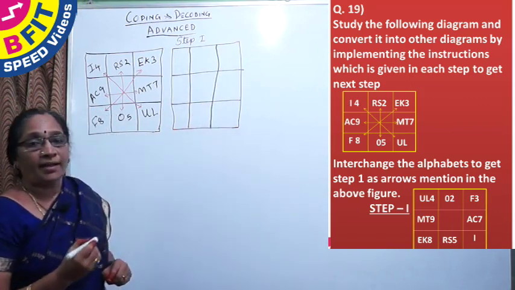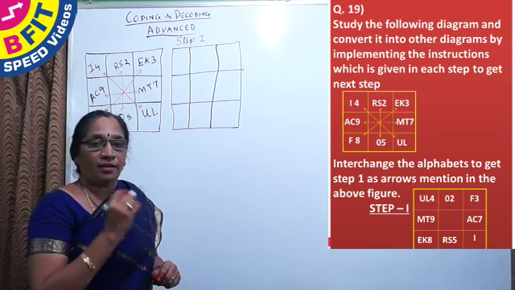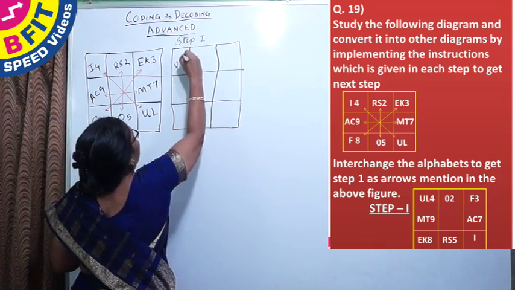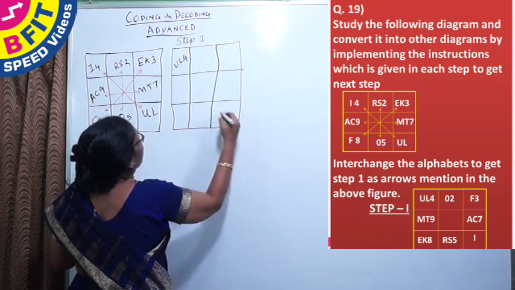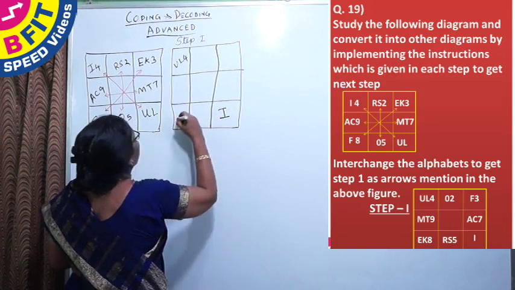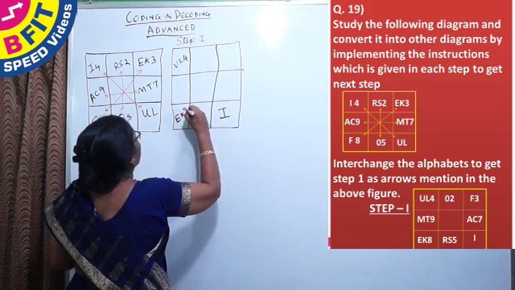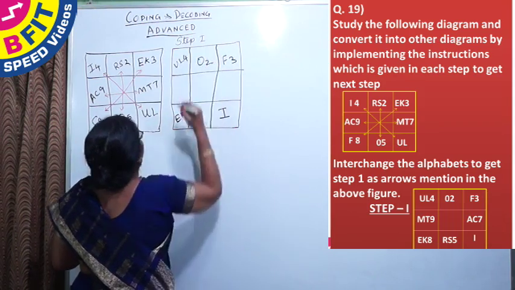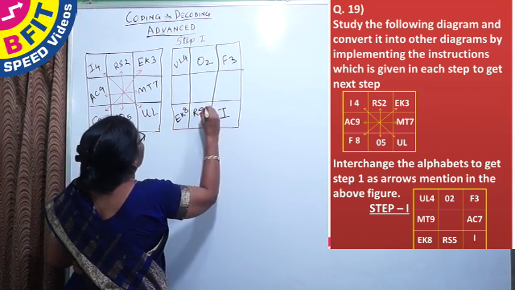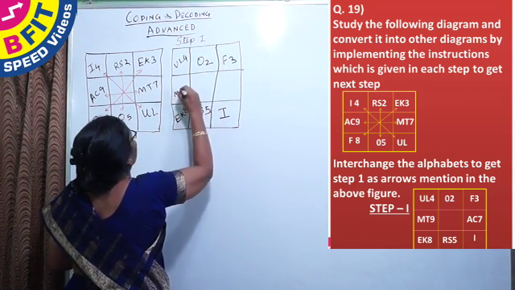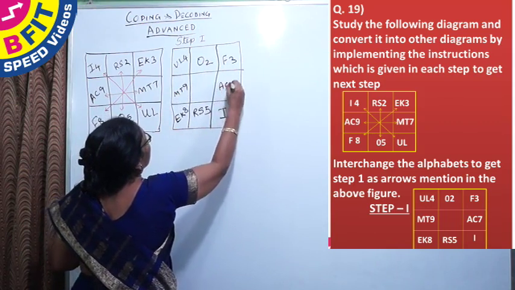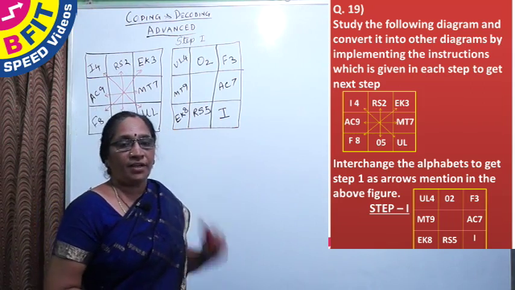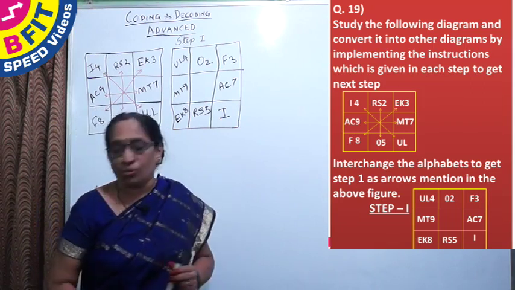Here we will have to take care, we will have to change only the given alphabets and not the numbers. Yes, we have interchanged all the alphabets as given in the diagram, and let us go to step 2 now.